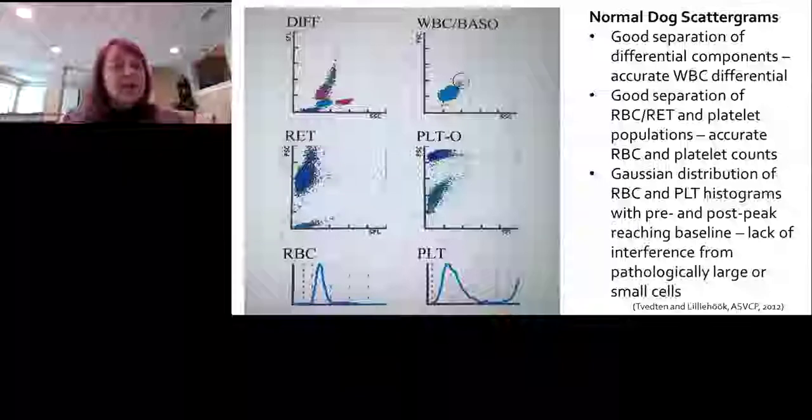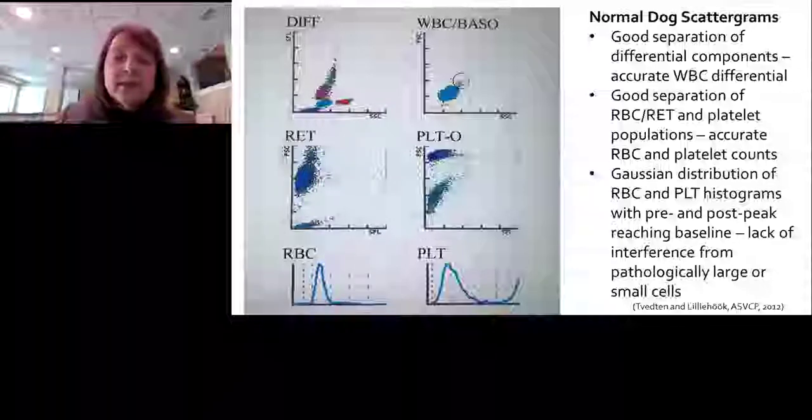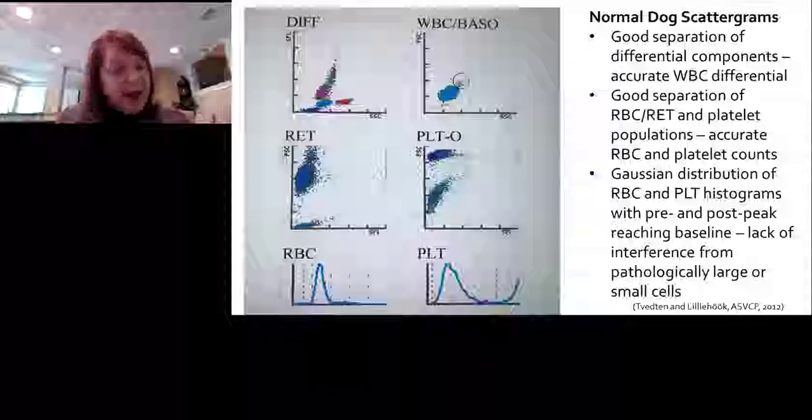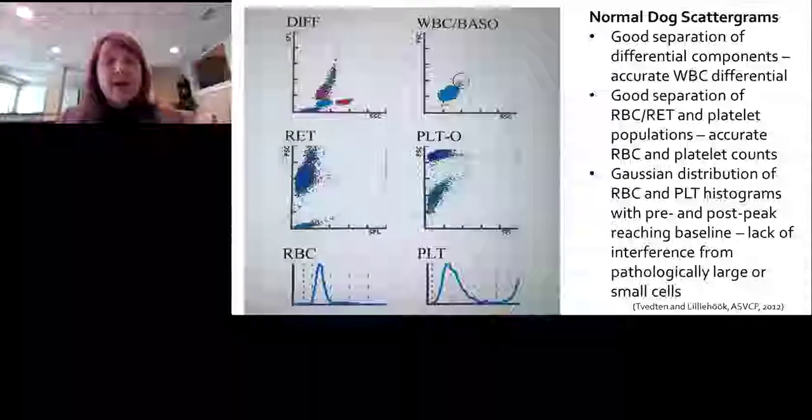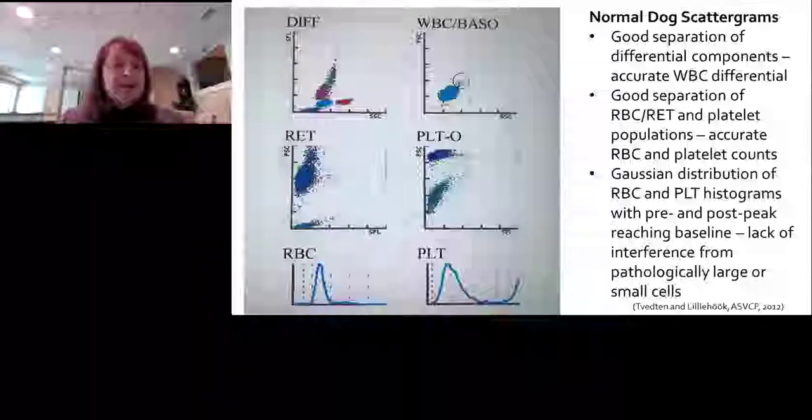One thing we will notice is that pre and post the Gaussian peak, they should return to normal. And when they don't, this is our first evidence that perhaps we have a pathologic condition and perhaps we should investigate further. We'll also find that the Sysmex provides us statistics.